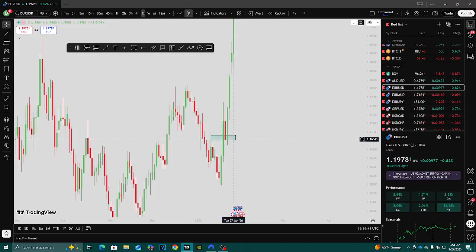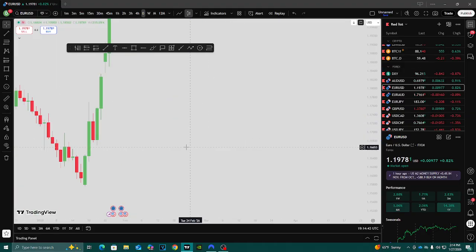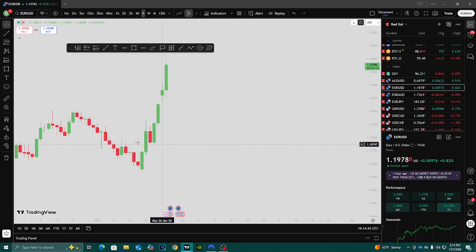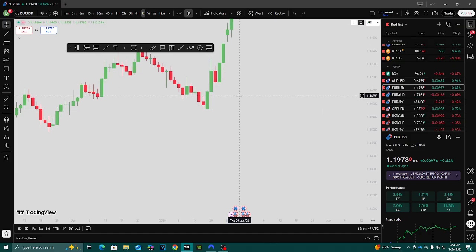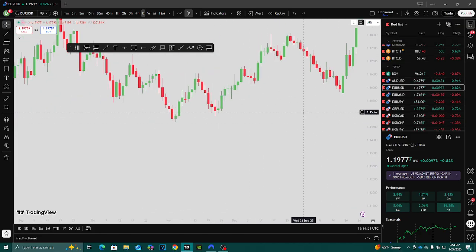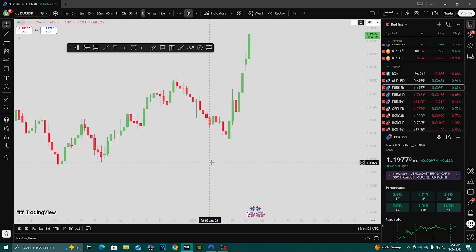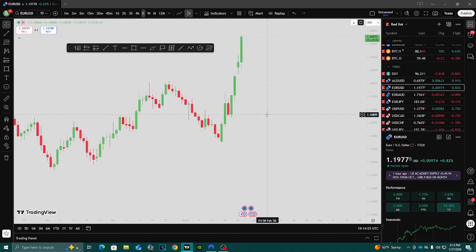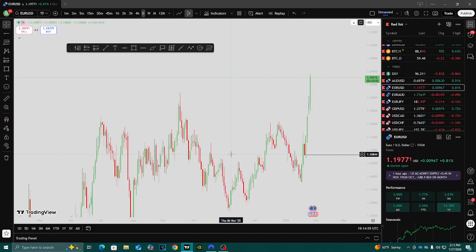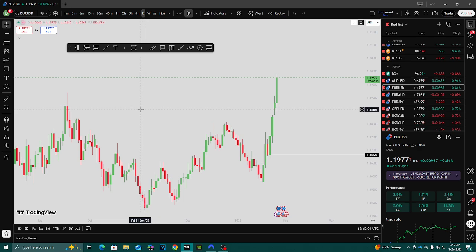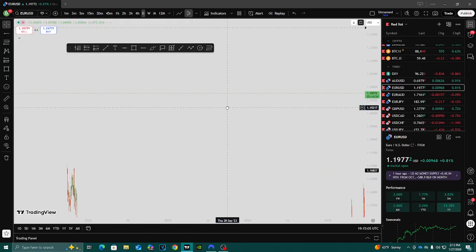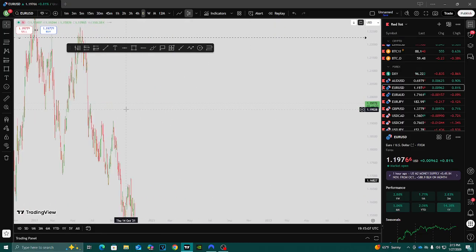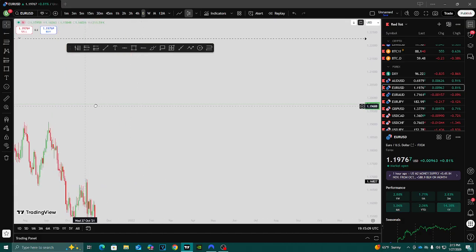You guys remember that we gotta find our daily high and daily low. The daily low used to be down here, and now the daily low is right here. And where's the daily high? They just broke the daily high right here.